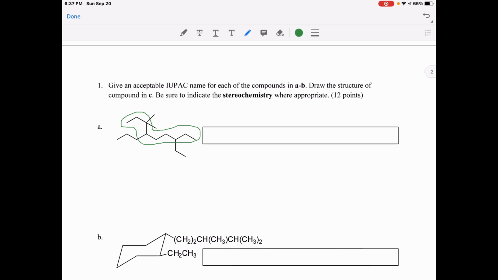Now that we have identified our parent chain, we find that there are 9 carbons. So this means that our parent chain can be identified as nonane. Let's also try to find our substituents. But before we do that, we need to find out how we are going to number this main chain.